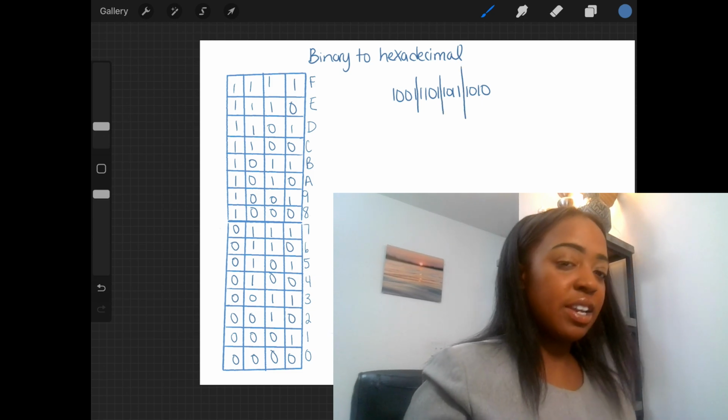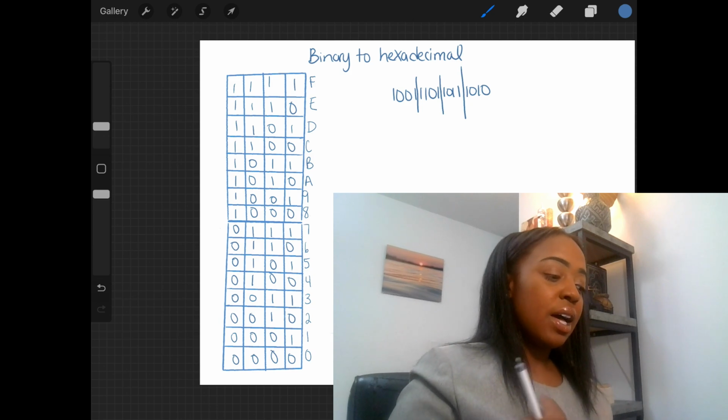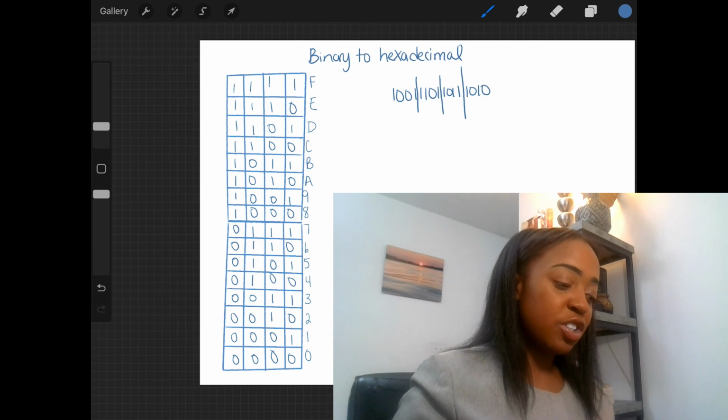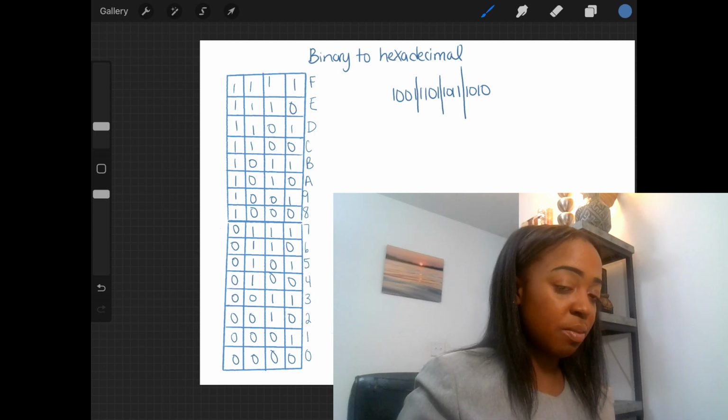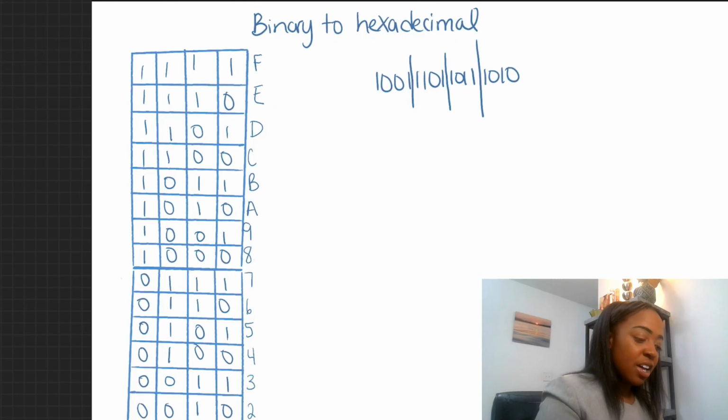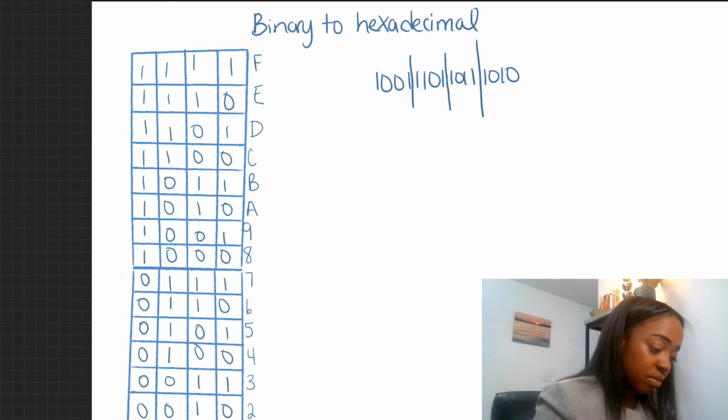Once we've divided all of our binary numbers into hex sections, which are values of 4, we're going to look at our hexadecimal table and just write down the numbers that match the binary.